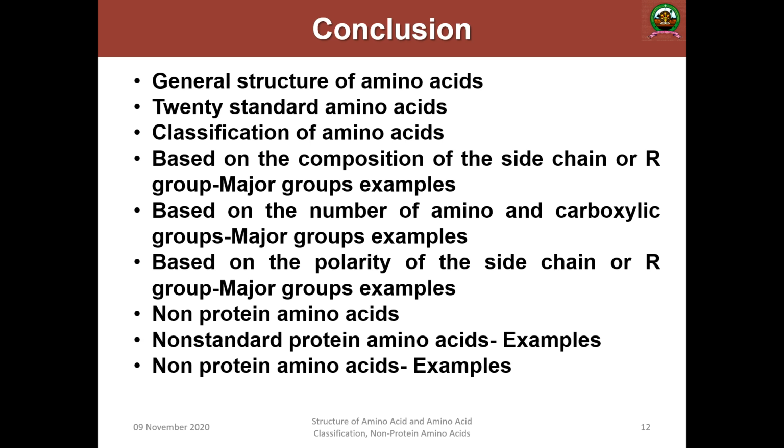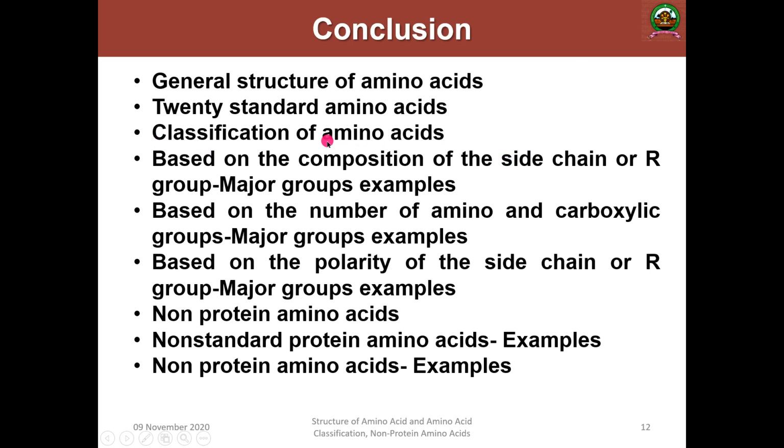So once again we can glance at the main points studied in this class. We have discussed the general structure of amino acids: they have an amino group, a carboxylic acid group and an R side chain, and the hydrogen attached to the carbon atom, which is known as the alpha carbon atom. There are 20 standard amino acids, represented by conventional names in a 3-letter code and a single letter code.